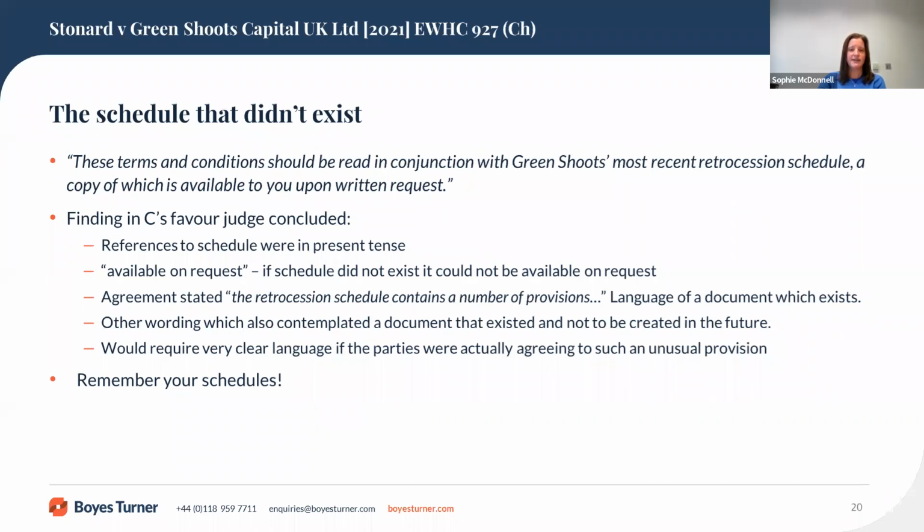The schedule was not provided with the agreement and was not provided until sometime later when the relationship had already become strained. It was emailed by the defendants to the claimant with the following: "I also added the retrocession schedule, which is part of the overall agreement as stated therein.